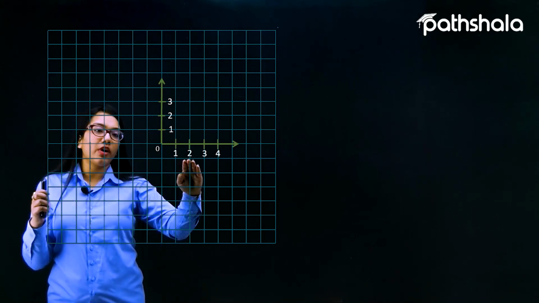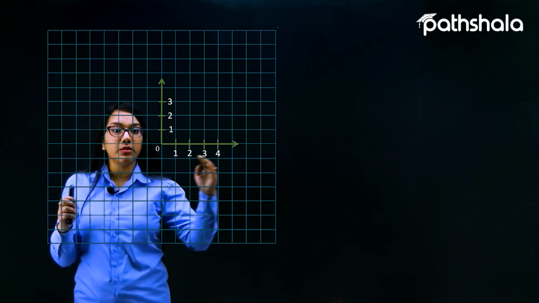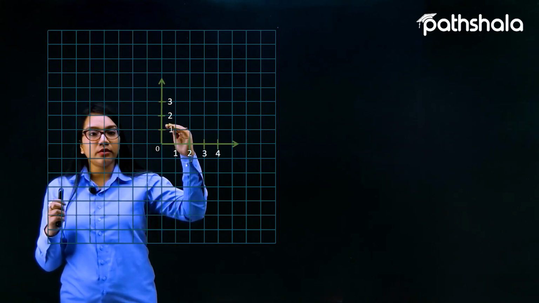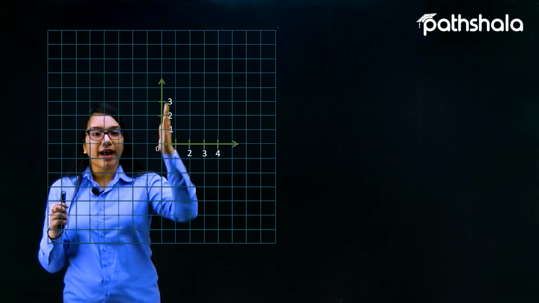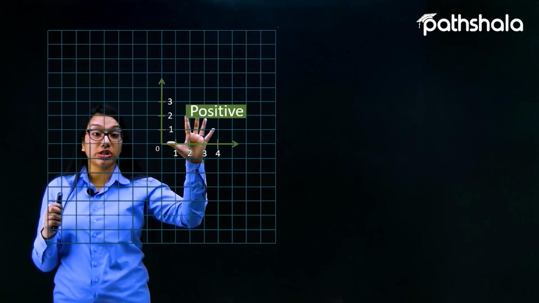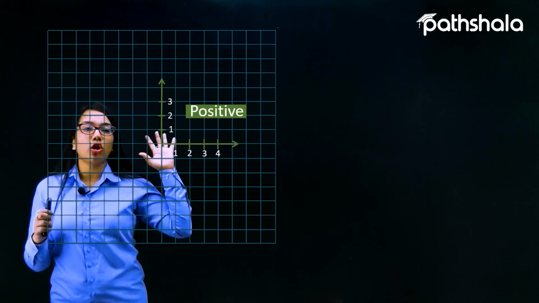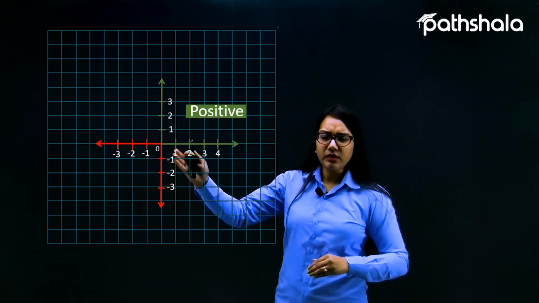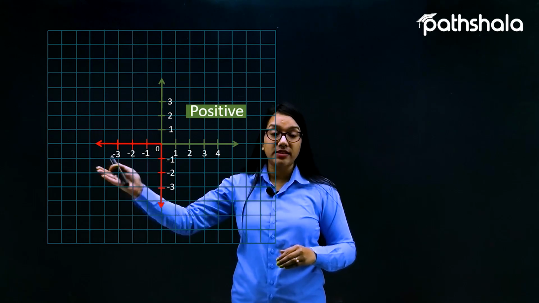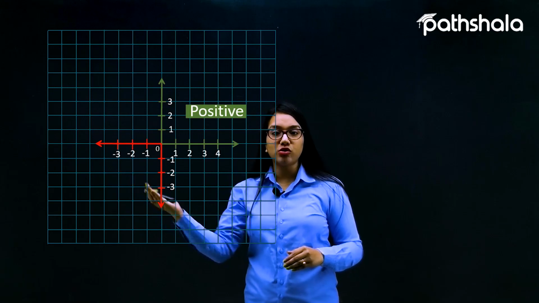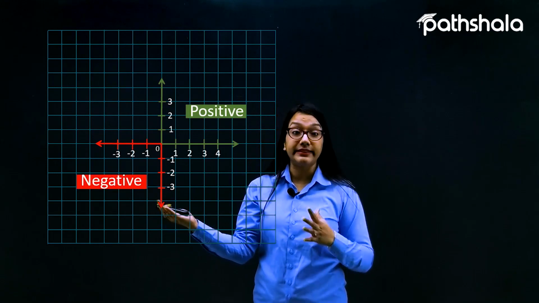As we can see over here, I have taken the positive numbers 0, 1, 2, 3, 4 on the x-axis and 1, 2, 3 on the y-axis. These numbers are all positive, and these numbers, -1, -2, -3 on the x-axis and on the y-axis, are negative numbers.